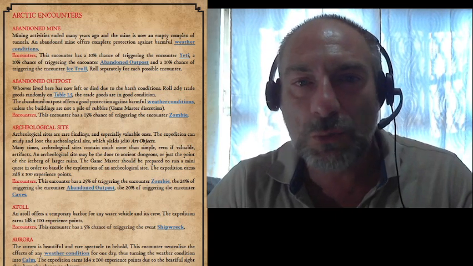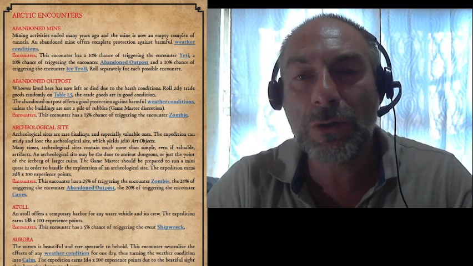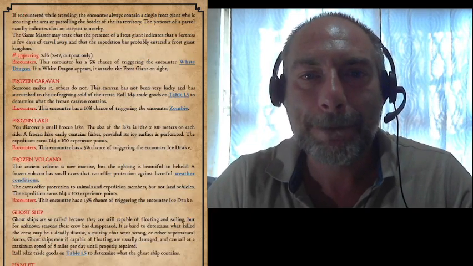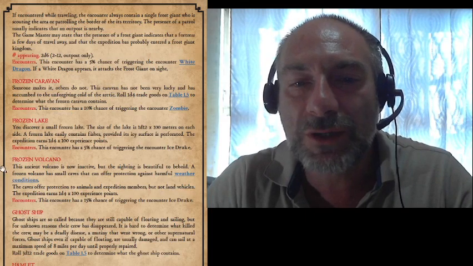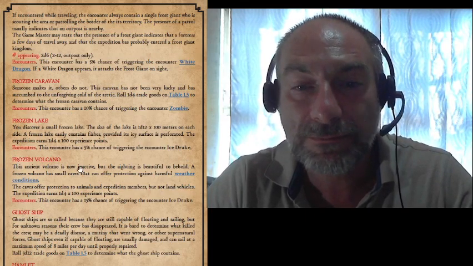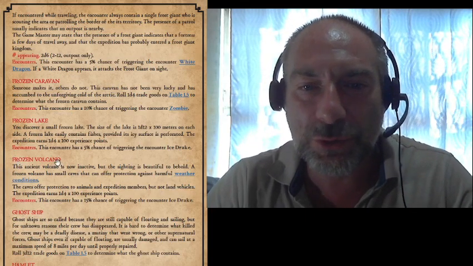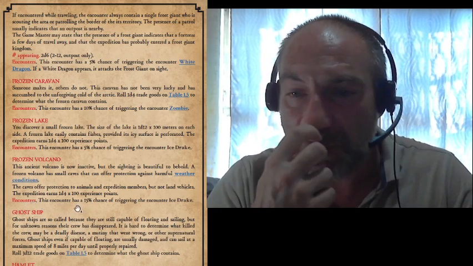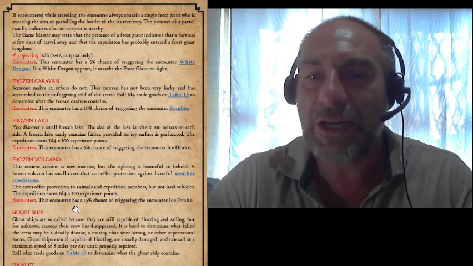So I decided to make some change in the concept of encounters. You can encounter a frozen caravan. You can also encounter a frozen volcano, no? And this frozen volcano has a specific chance of triggering another type of encounter.